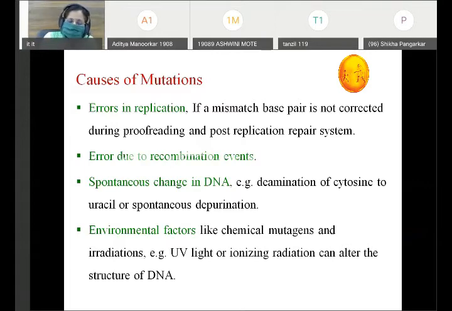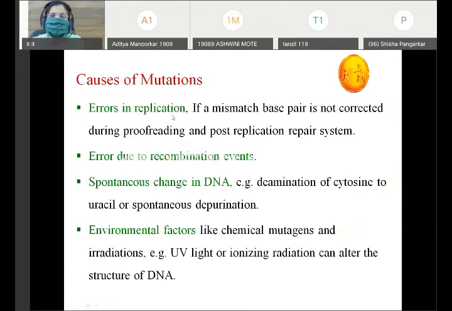This uracil naturally does not exist in DNA. If you find uracil in DNA, that means it is damaged or mutated. So this represents a spontaneous change in DNA. Then various environmental factors like chemical mutagens and irradiations like UV light or ionizing radiation can alter the structure of DNA. Okay, so these are the causes of mutation.